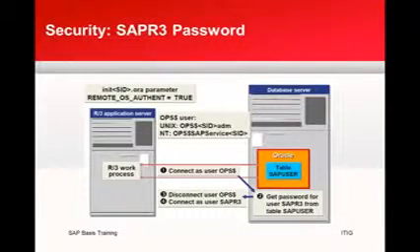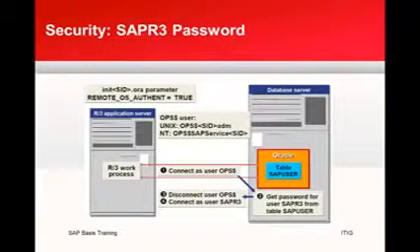Using OPS$ we connect to the database, and we go to the table called SAPUSER table, and from the SAPUSER table we get the password, and then we connect as user SAPSR3 or SAPR3, depending on the schema name that you have. So this is a 3-step process that we just saw.